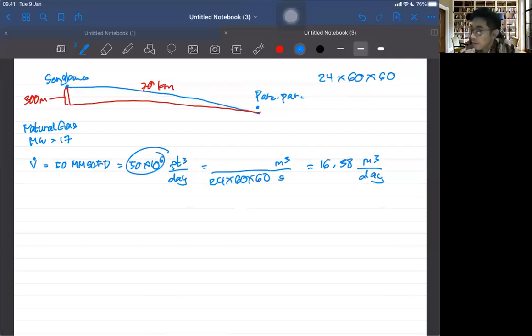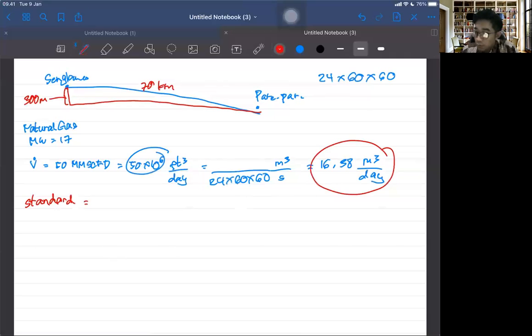Okay. Then this is the flow rate for the standard condition. I think I have told you the condition used for standard calculation.